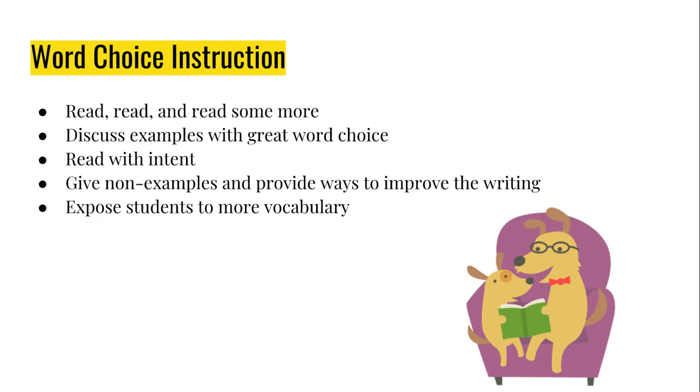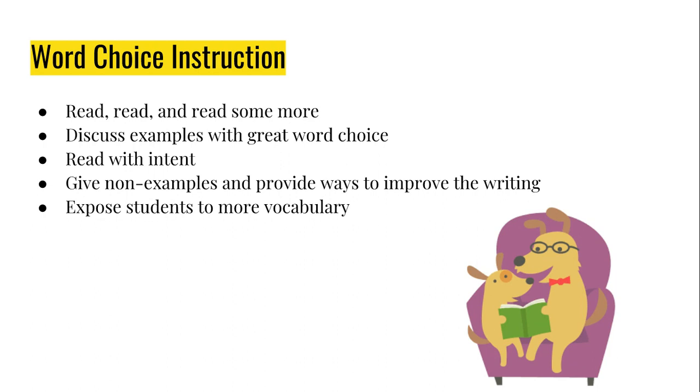One of the best things that students can do, and you can do for students, is read, and read some more. The more that they get exposed to how powerful words can be, a powerful word in a sentence, the more they're going to understand the importance of word choice.